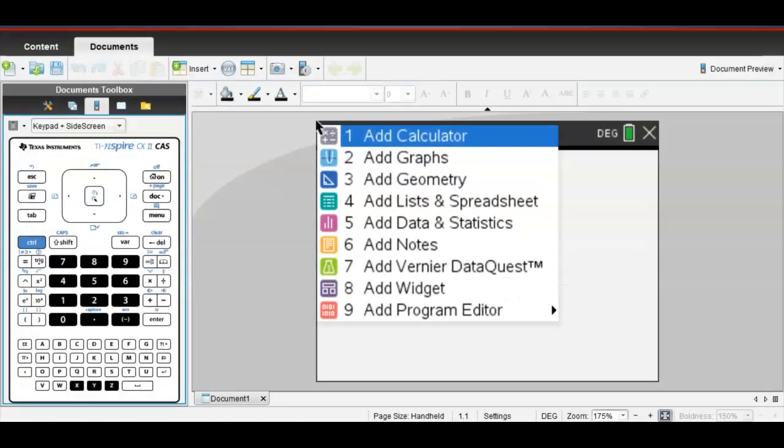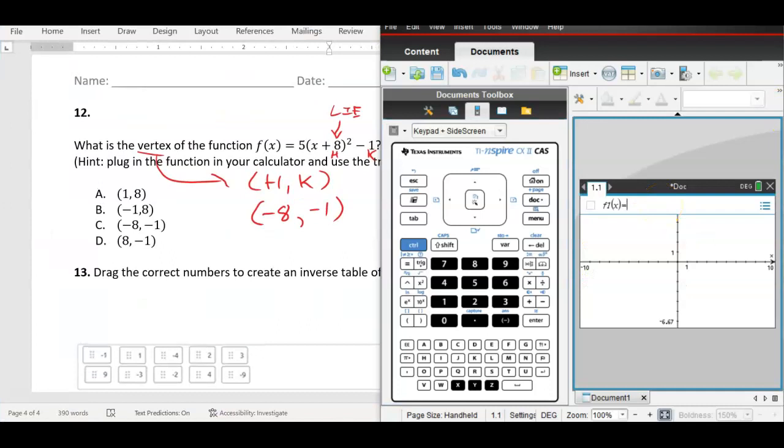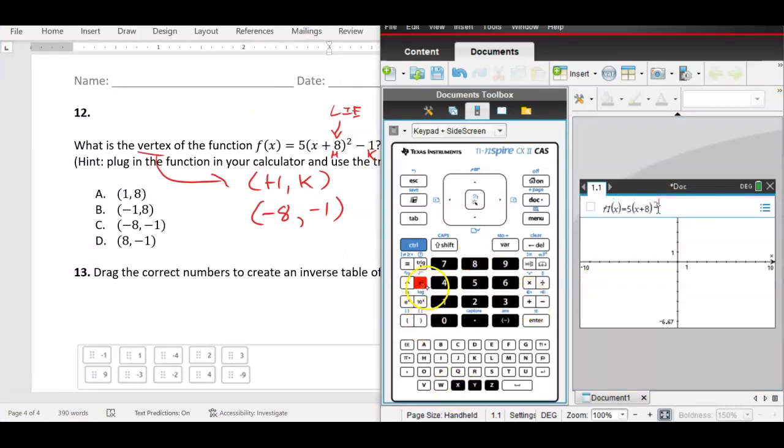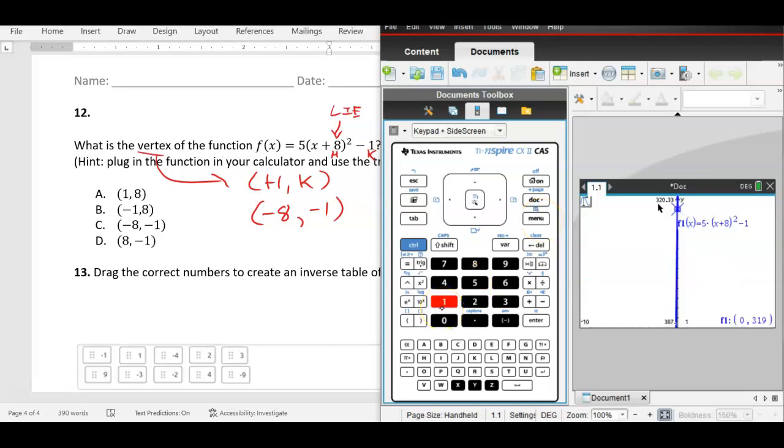Or if you go into your calculator, and you type in 5 parentheses x plus 8 parentheses squared -1, and you do menu 5, 1. Then you trace it and you go to the left until you get to that vertex.